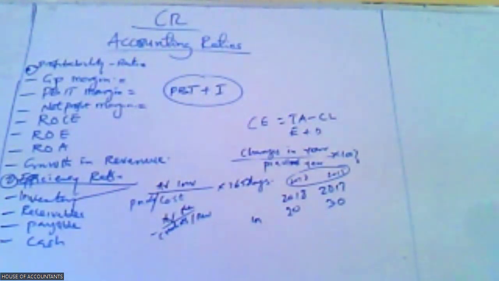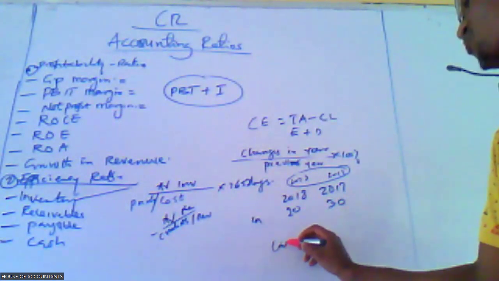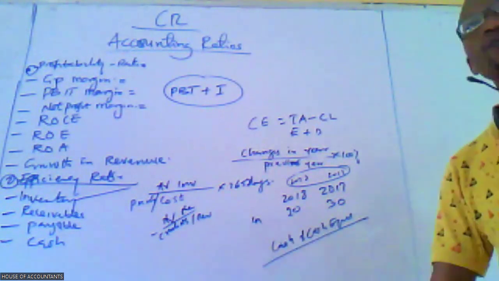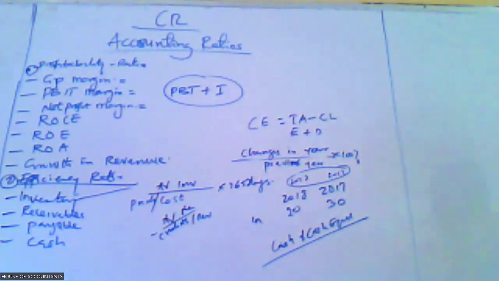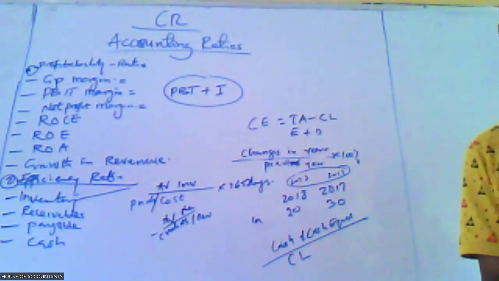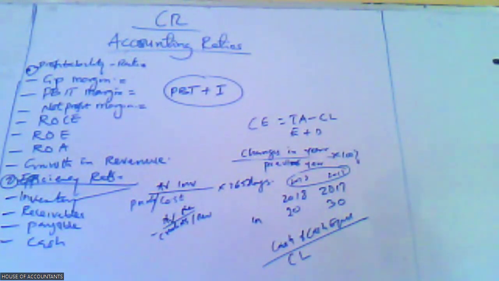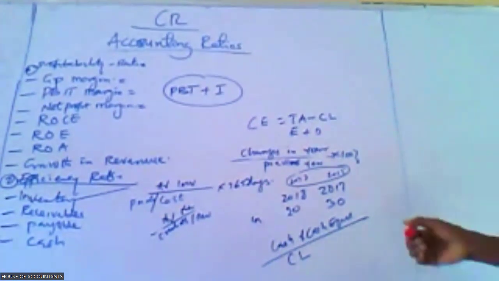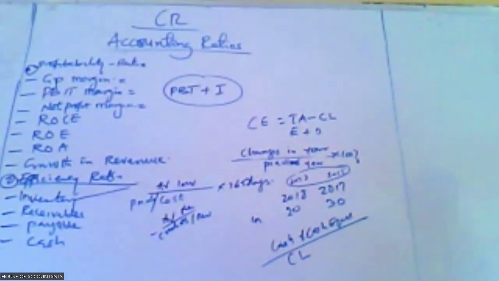Multiply by 365 days. Then for cash, the cash ratio is talking about cash and cash equivalent over current liability.